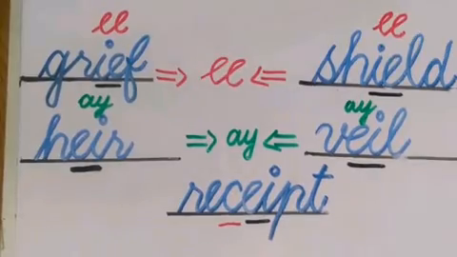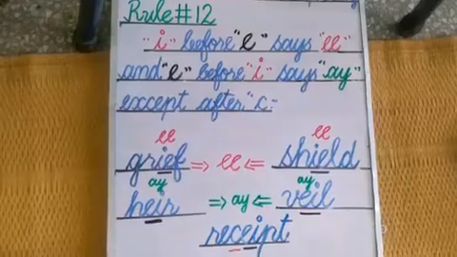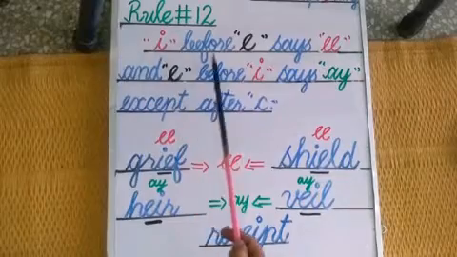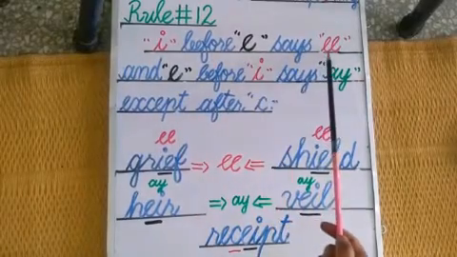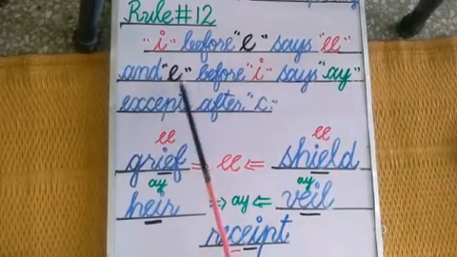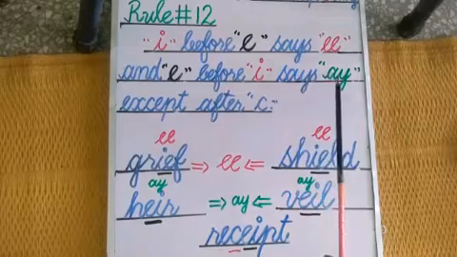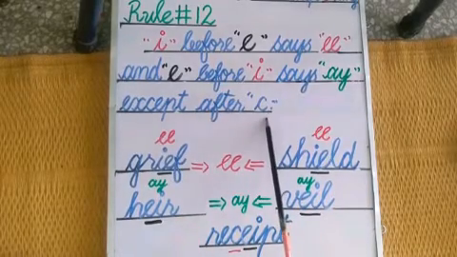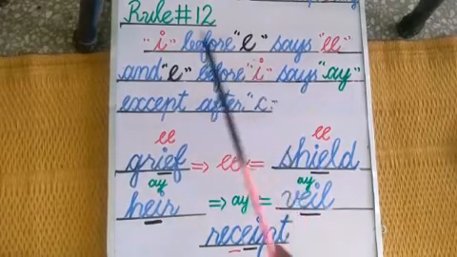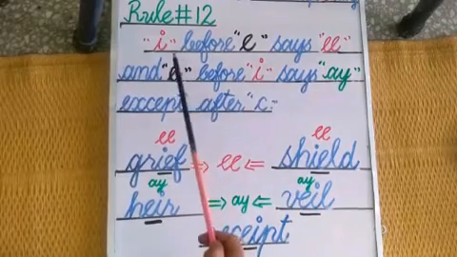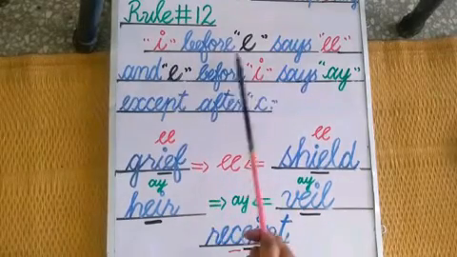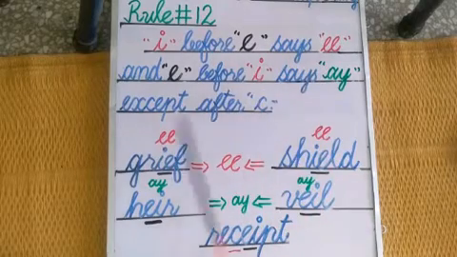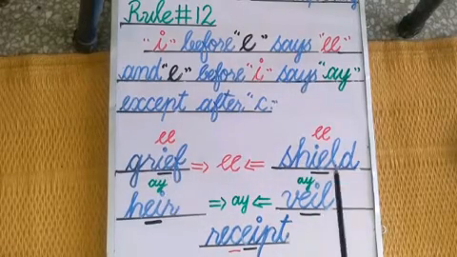What does our rule tell us? Yes, rule 12: I before E says E and E before I says A, except after C. Is that clear? So we can have a look at the examples. The first half of the rule is that I before E says E. Here we can see it in grief and shield.